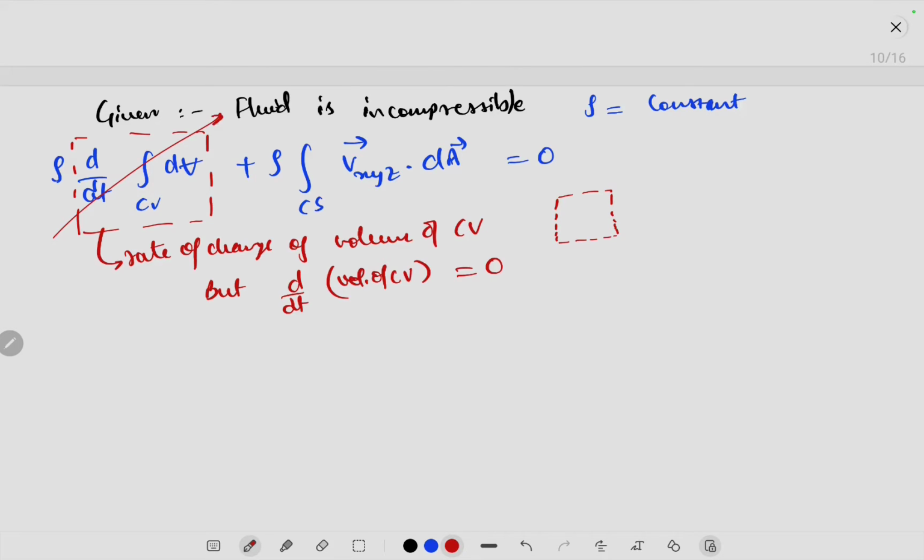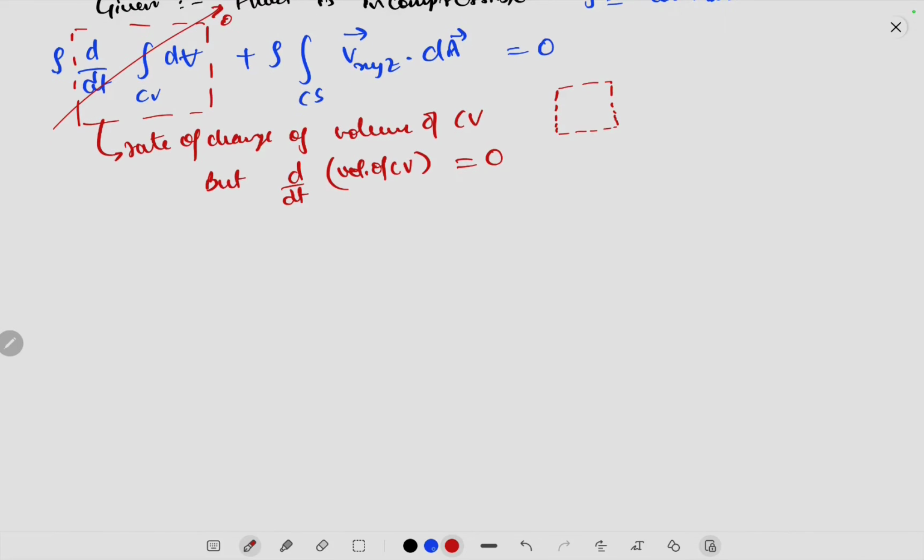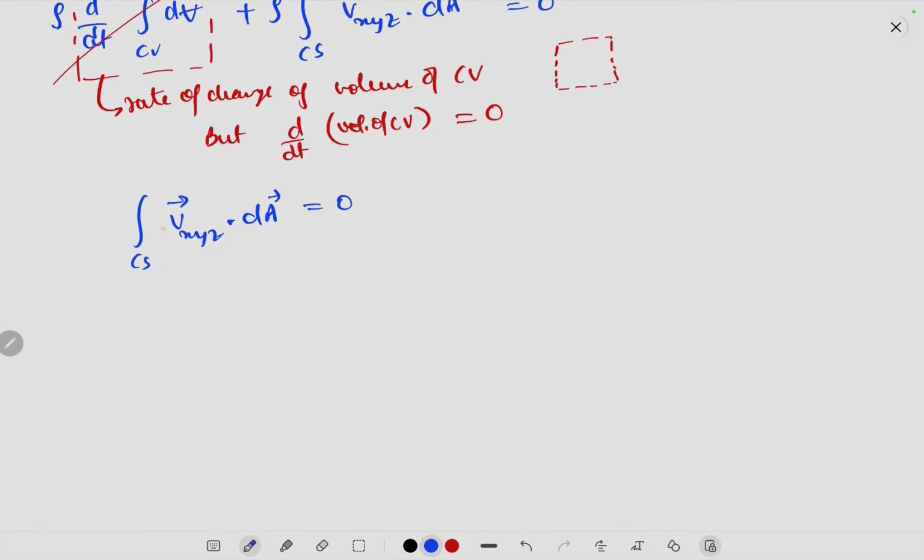Thus this term would become 0 and we'll be left with rho integral over CS of V_xyz dot dA is equal to 0. Since density is not 0, I can just write integral over CS V_xyz dot dA vector equal to 0.